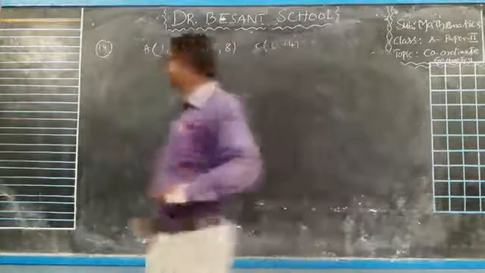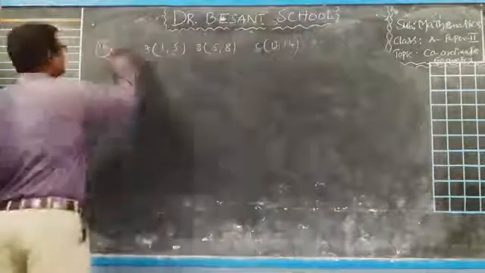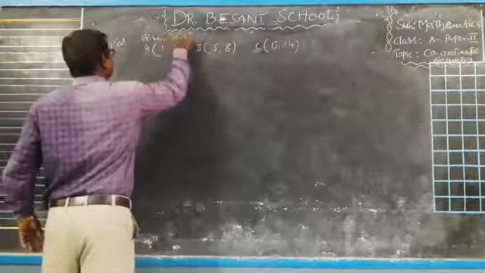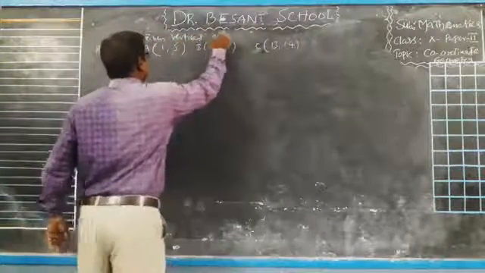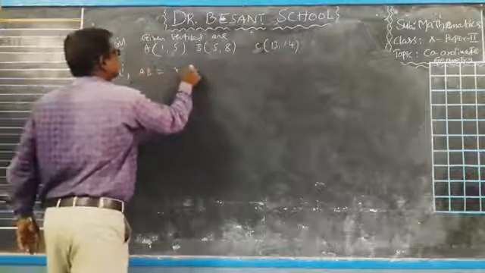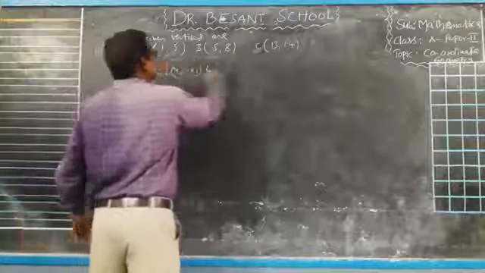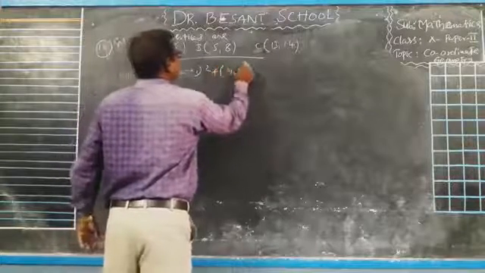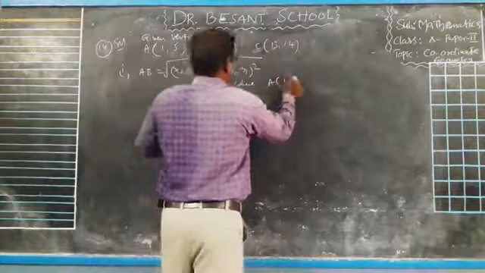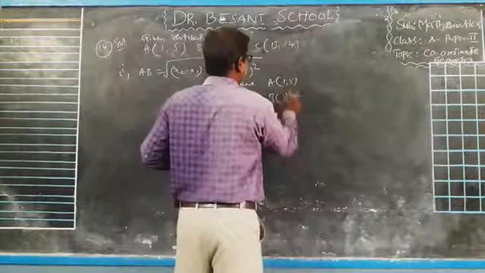Okay, children. Once you verify, I'll explain the solution. Solution: given vertices are these. Let us find AB distance. That is root over (x2 minus x1) whole square plus (y2 minus y1) whole square, where A is (1, 5), B is (5, 8).